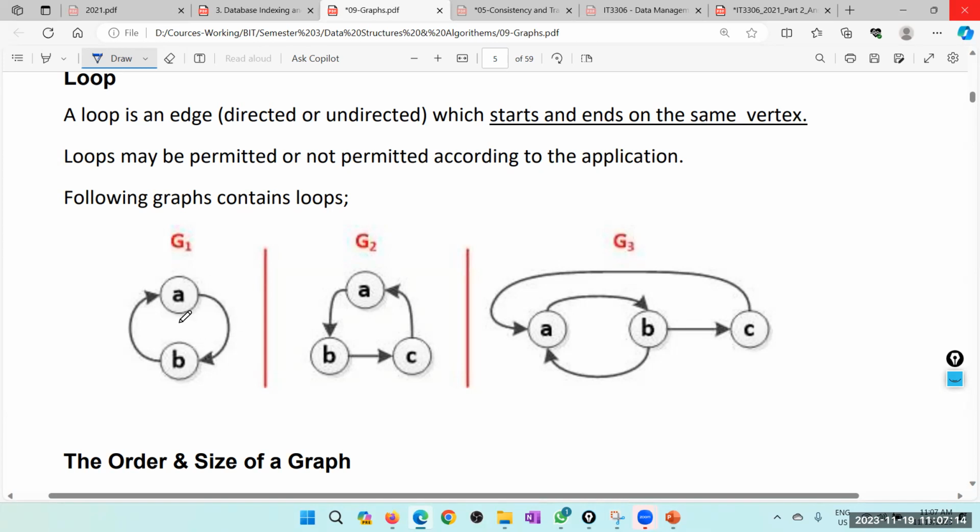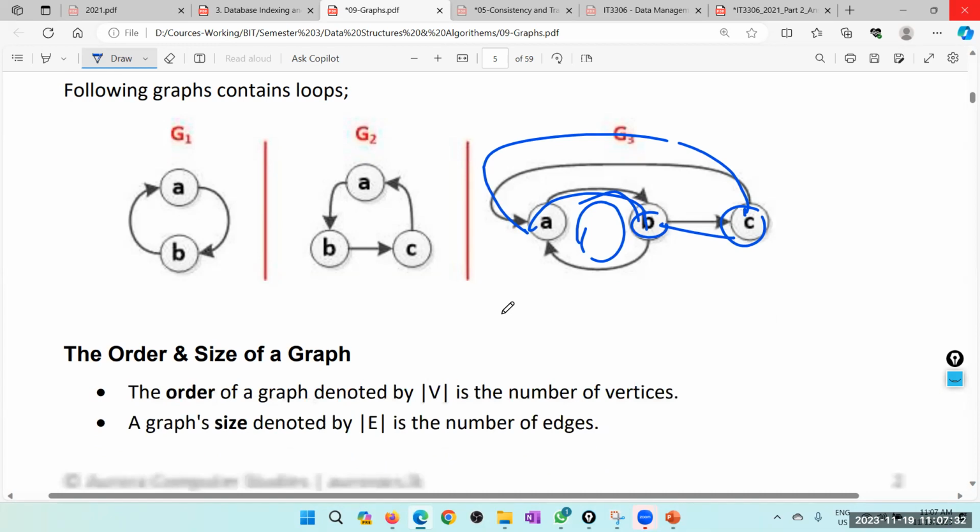If that possibility is not there, then there's no loop. So clearly there's a loop here, right? But this is not a loop, because you can't. There's another loop here. You start from C, you go to A, you come to B, again you come to C. There are two loops here. Okay. So that is called loop.